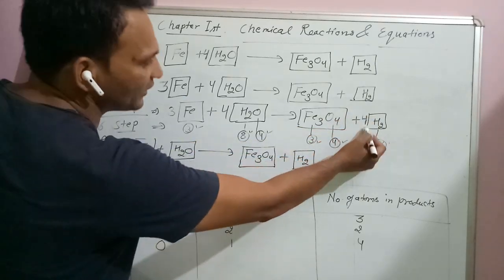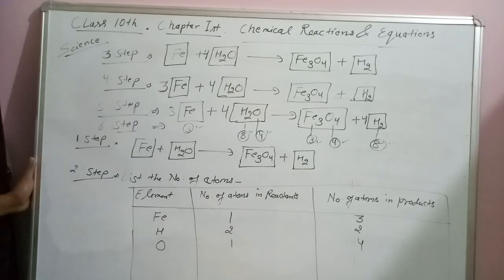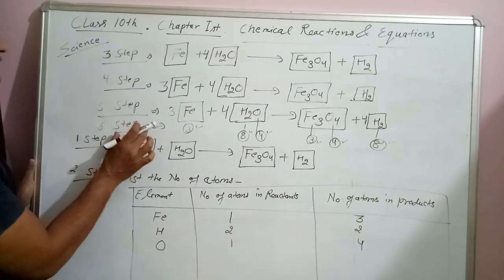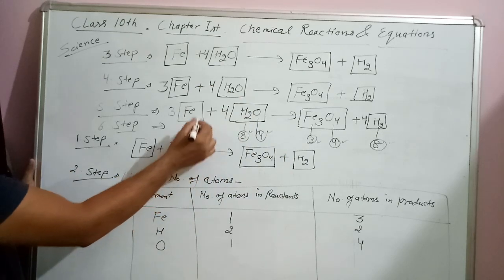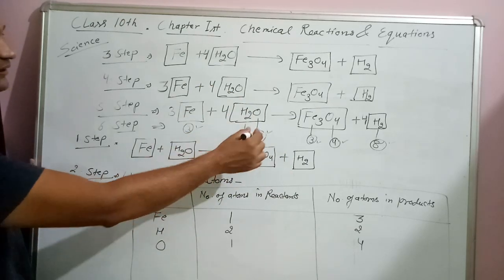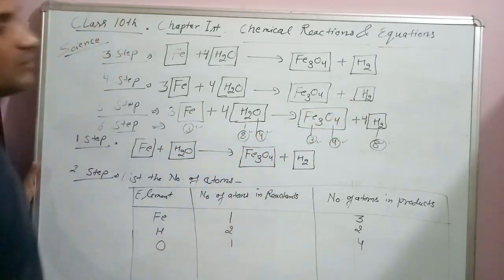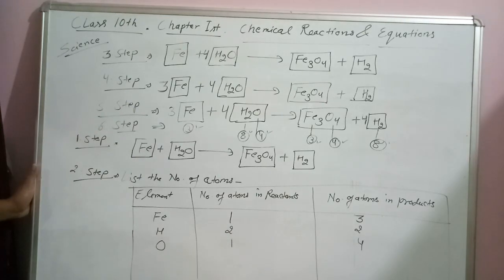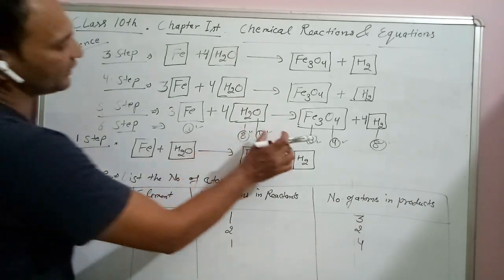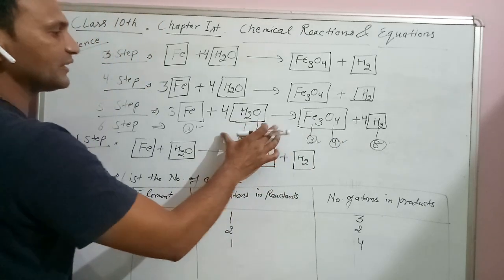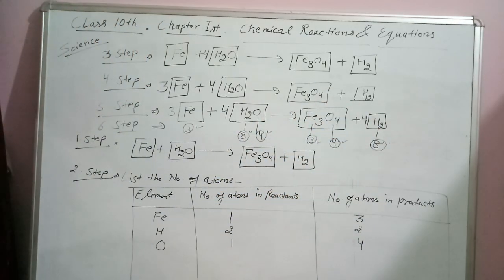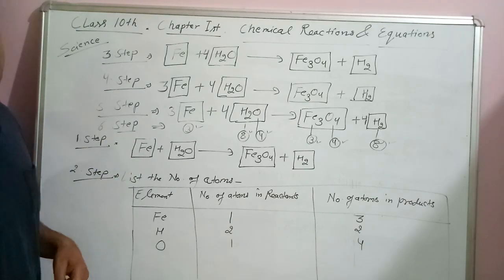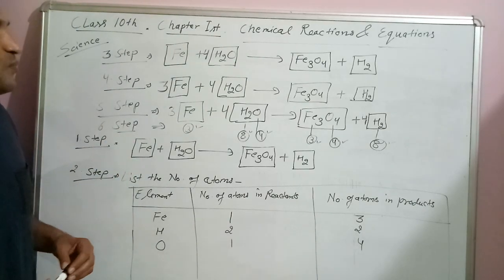So by writing 4 here, we balance the hydrogen. In the sixth step, we further count the number of atoms present in the reactants and products for the different elements. If they remain the same in the reactant and the product, it means the equation is balanced. So this is the balanced chemical equation.